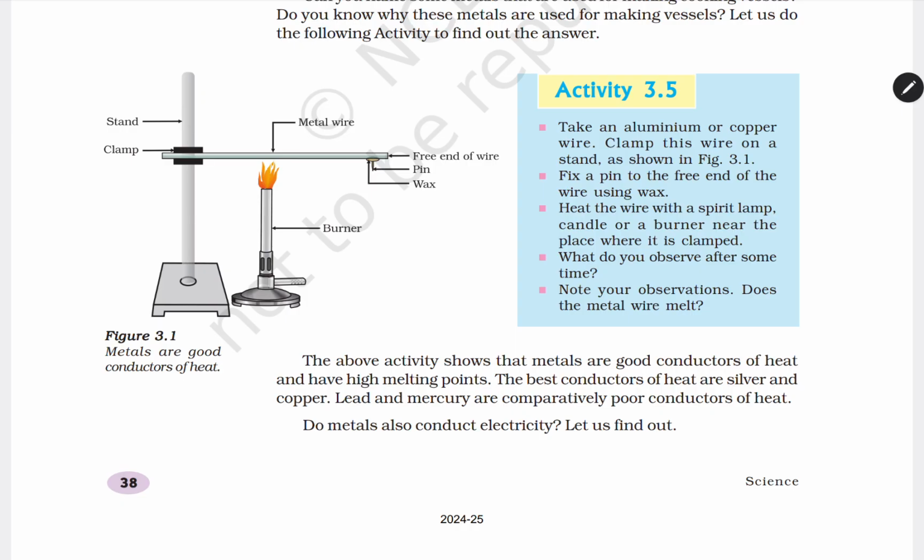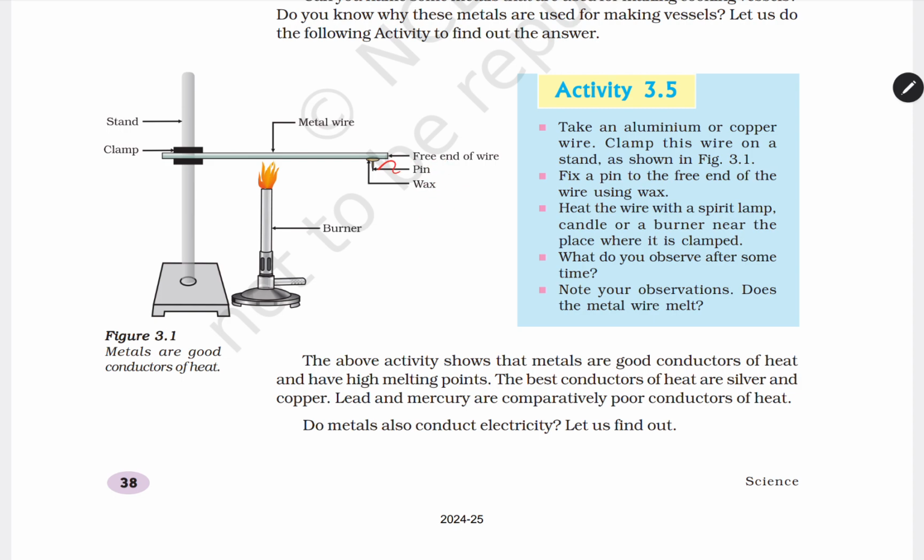Observe the next activity. Here we are taking an aluminum or copper wire. Clamp this wire on a stand. Fix a pin to the free end of the wire using wax.